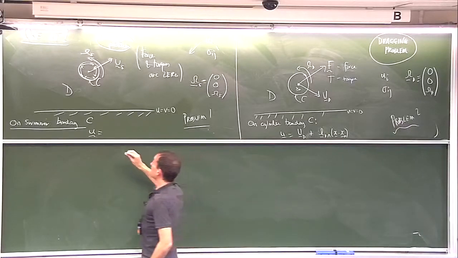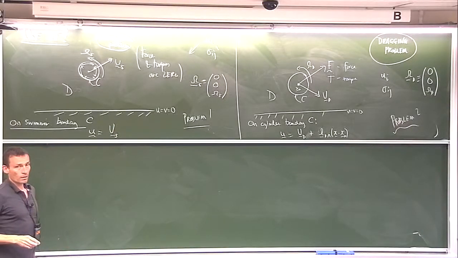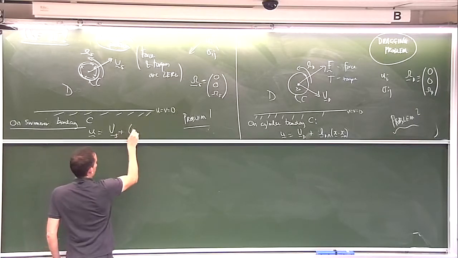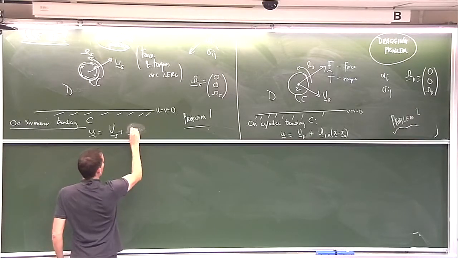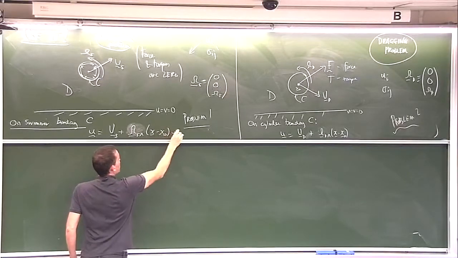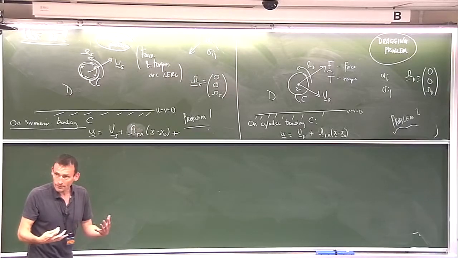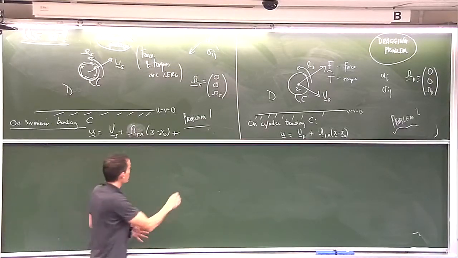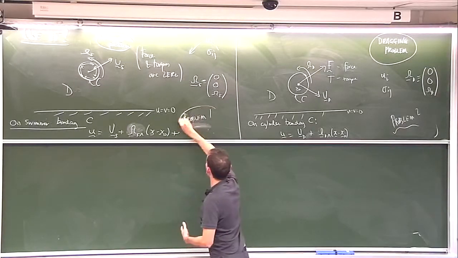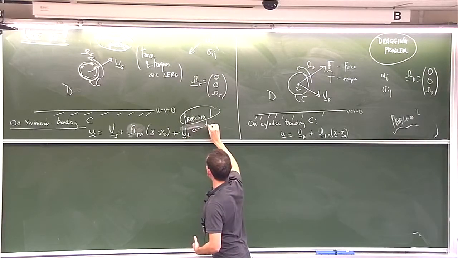That's the velocity on the boundary. But here, it's moving with speed us, but also some treadmilling that I'm imposing. So let's call that ut. This is the treadmilling action.